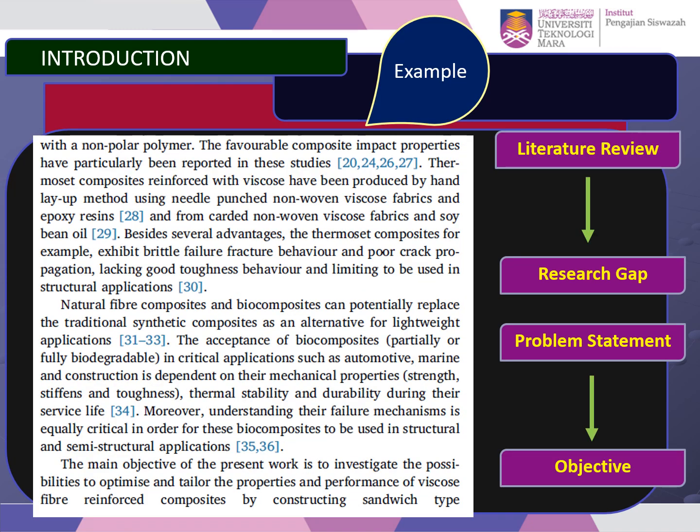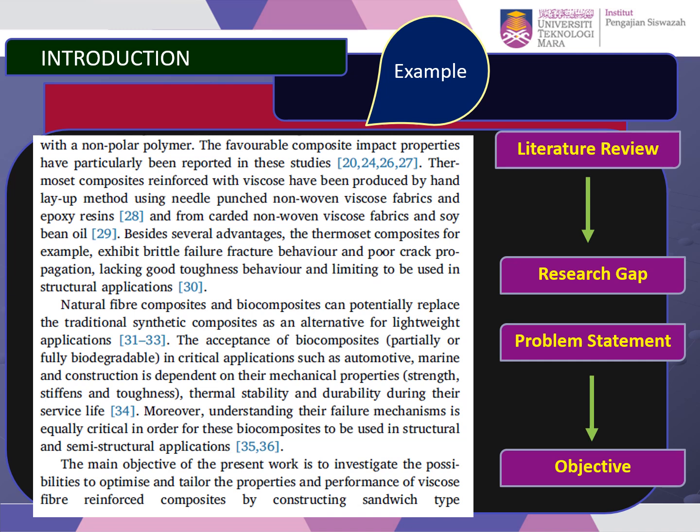Okay, this is another example. We can see the flow from this. The flow started with the literature review. For example, the sentence, the favorable composite impact properties have particularly been reported in these studies. So this is basically literature review. And from there, the flow starts to come up. Besides several advantages, the thermoset composite, for example, has brittle fracture failure.